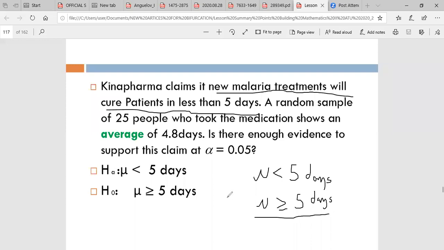So we assign that to H naught, our null hypothesis. H naught is this, whereas your alternate hypothesis is the claim. Now you have to take note: it's not always that the claim is the alternate hypothesis. Sometimes a claim can rather be the null hypothesis, okay? So you take note of that.